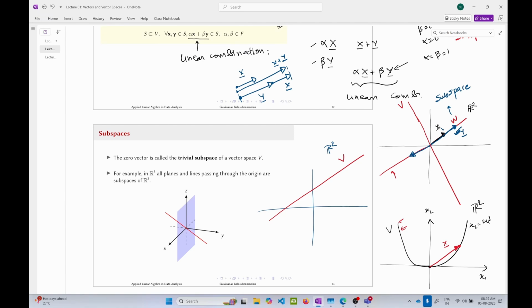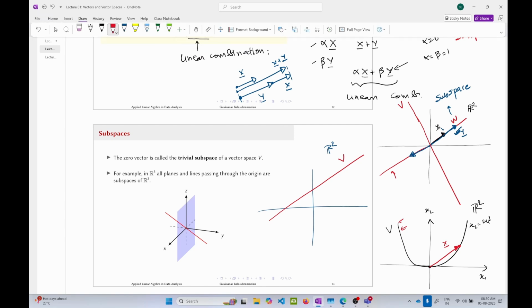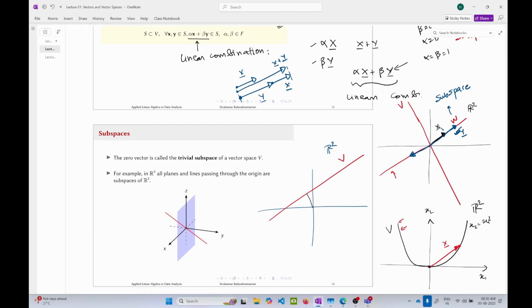For something to be a subspace, of course, it has to be flat, and it has to pass through the origin. And you can verify this using our definitions, not just rely on this heuristic of whether it is flat. If I take this vector and I scale it, I will go outside the line.